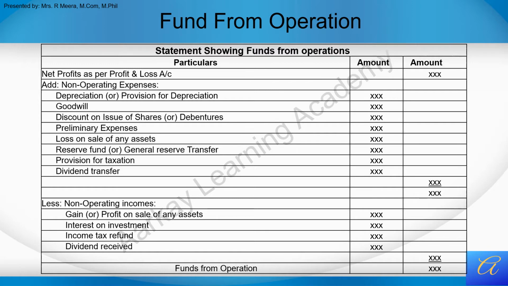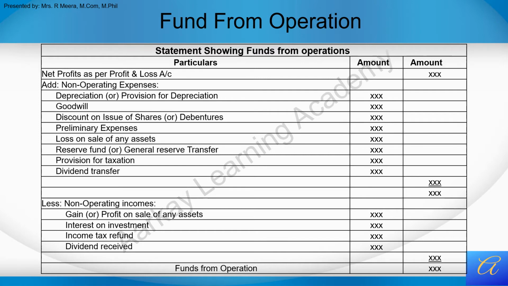So, if we write all these expenses on the debit side of the profit and loss account, our net profit will decrease. So, to arrive at our proper net profit, we have to add back all these expenses. Now, with that, we have to minus the non-operating incomes.